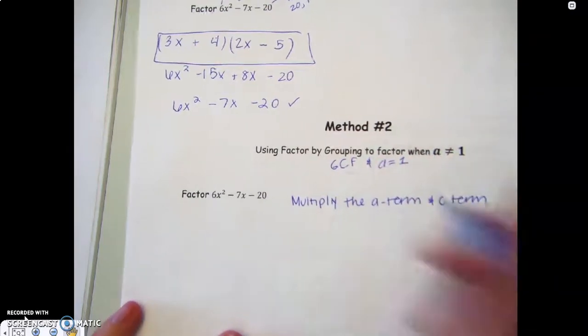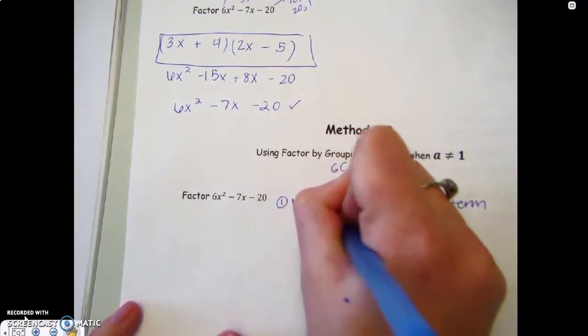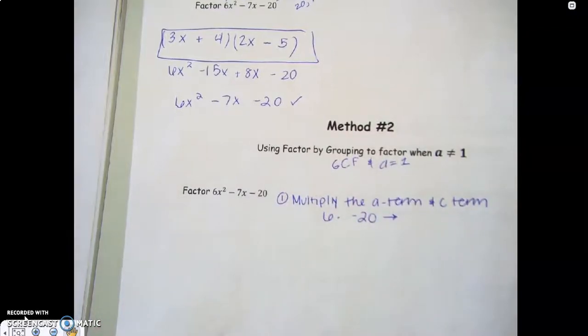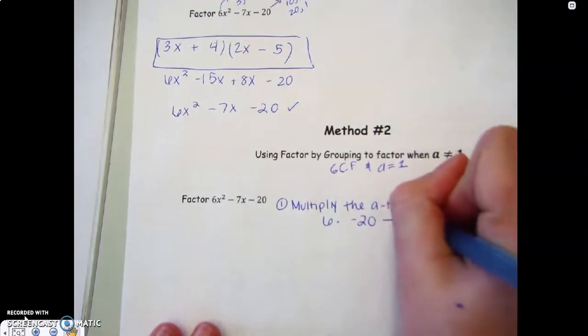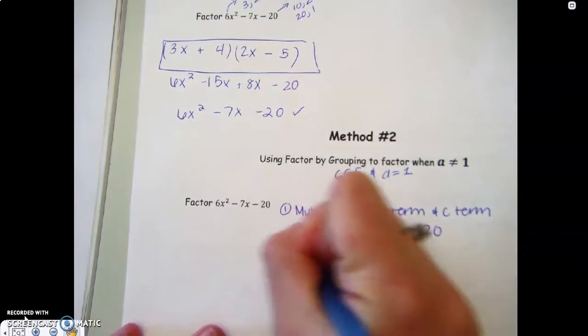In this case, that is 6 times negative 20, and when I do that, I get negative 120.